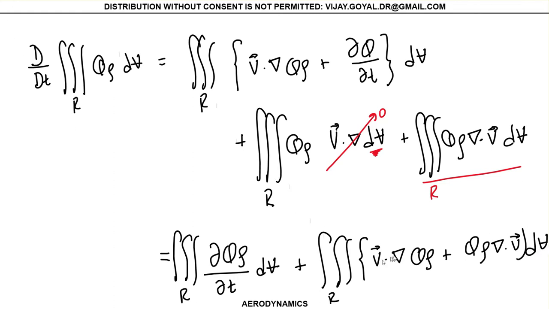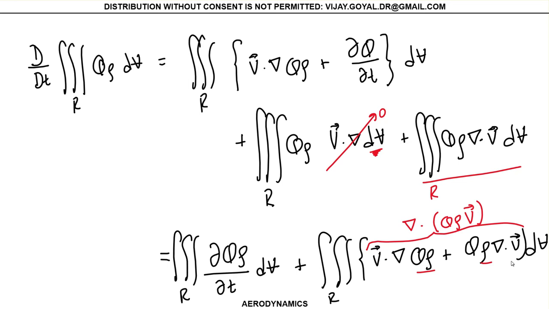If you pay close attention, you can show that this is nothing else than the divergence of Q rho times V. You can see that: take the divergence of the first term times the speed, plus the first term times the gradient of that. That gives me the same expression.